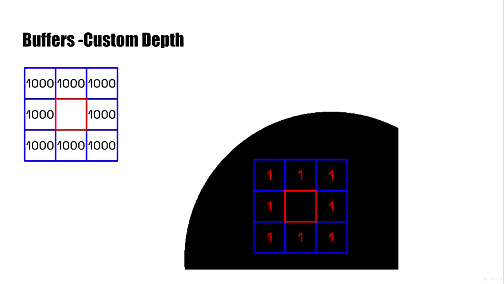So the sum of the surrounding pixels for a pixel that's not on an object in the scene depth buffer would be 8000, since there's 8 pixels surrounding the pixel, and all of them have values of 1000. Whereas the sum of the surrounding pixels for a pixel that is on an object in the scene depth buffer is only 8, provided that pixel is not on the border.